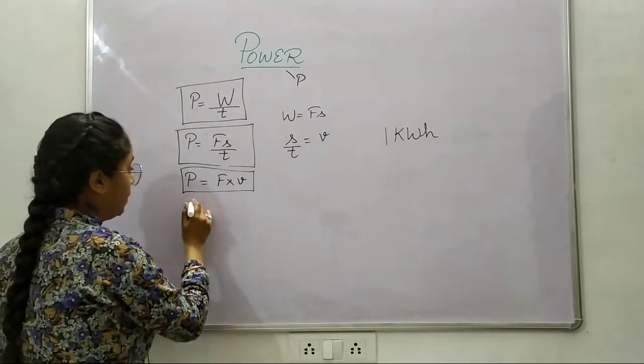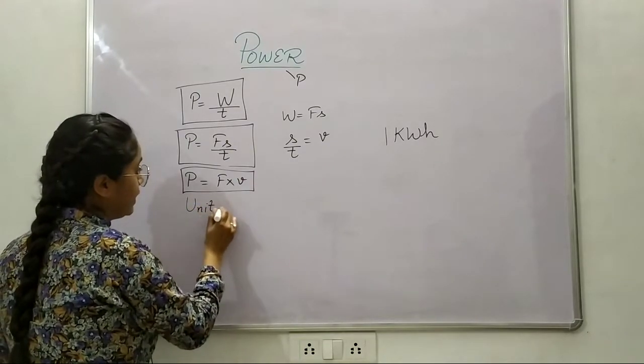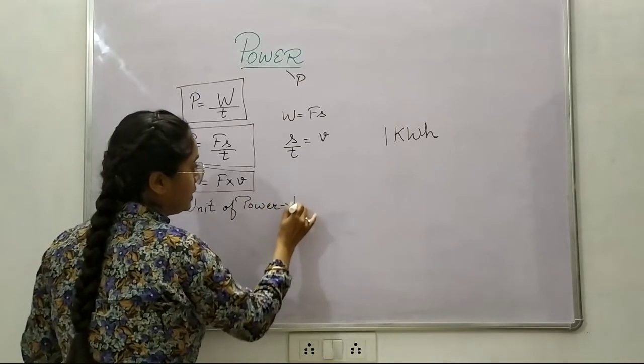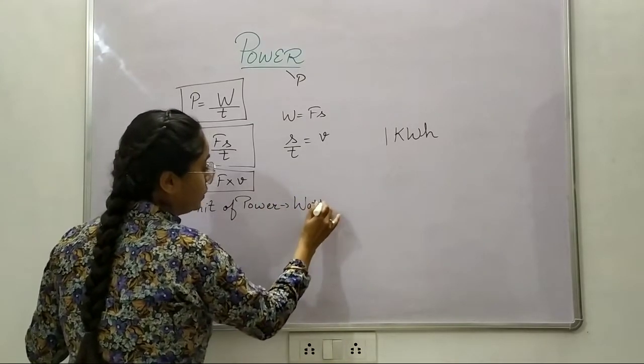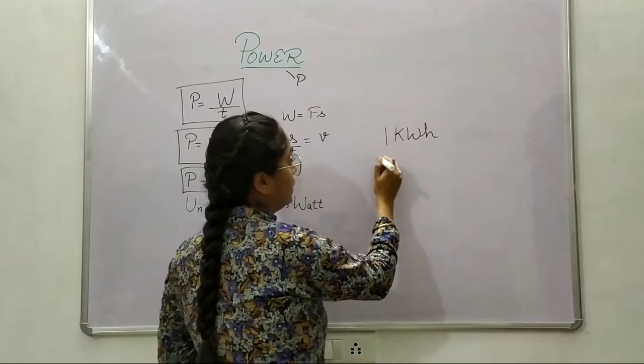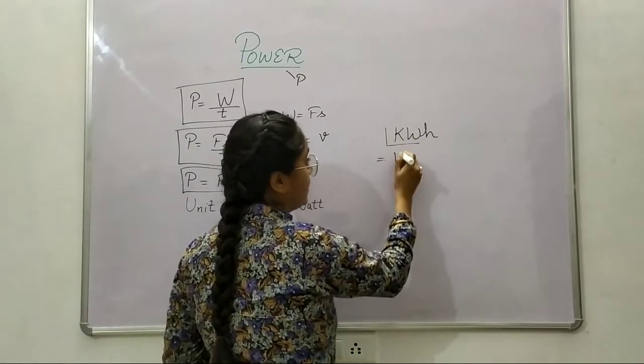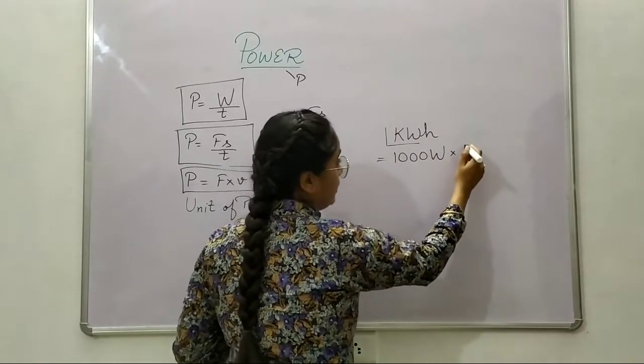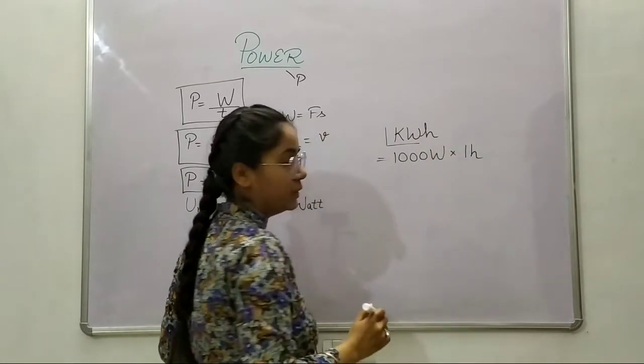Actually, the unit of power, which I forgot to tell you, is the watt. So 1 kilowatt hour is 1 kilowatt, which stands for 1000 watts, times 1 hour.